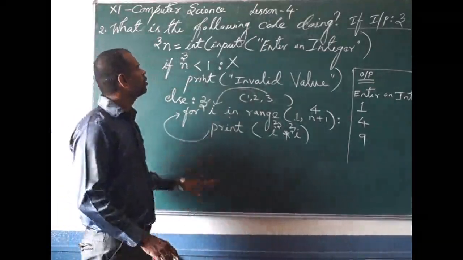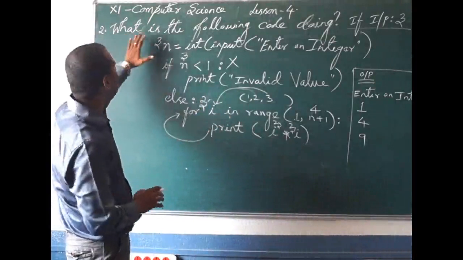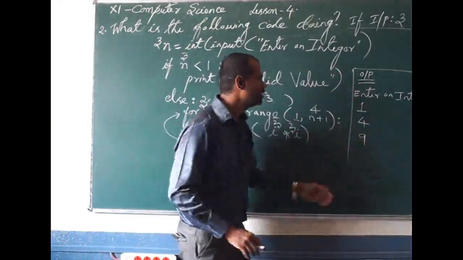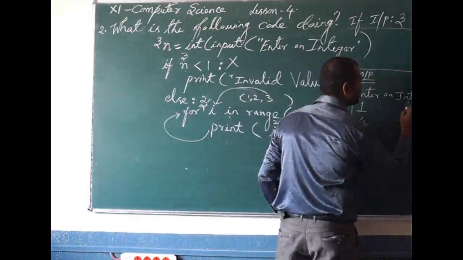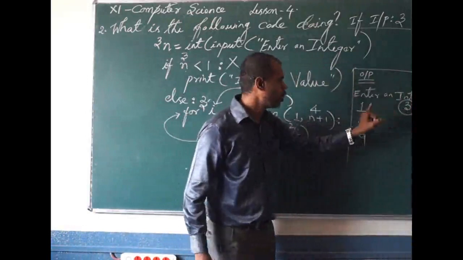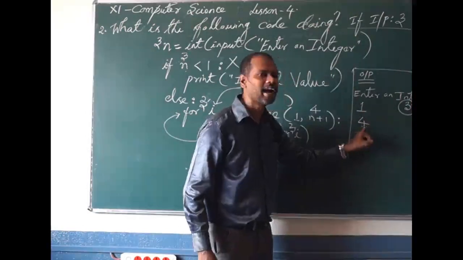Fine. So they are asking what the following code is doing. Now you see the output. Suppose you give the value 3, it will print 1 square, 2 square and 3 square.